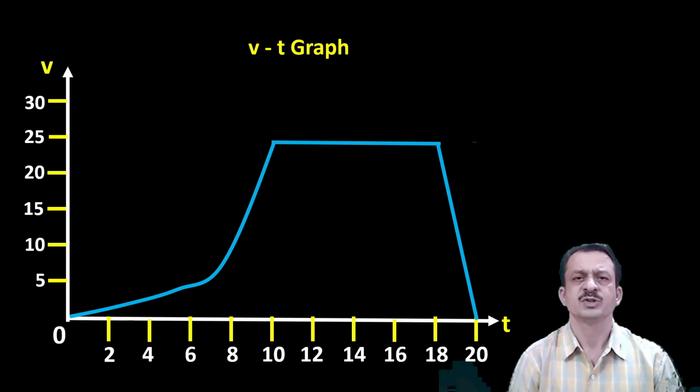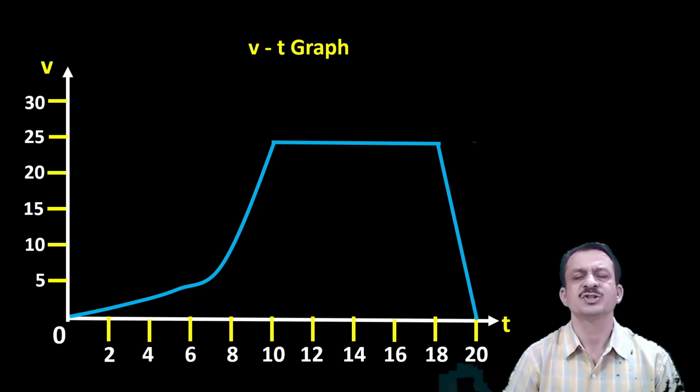First is from 0 to 10 seconds, in which the velocity is gradually increasing. The second time interval is 10 to the 18th second, in which the velocity remains constant, and in the third time interval the velocity goes on decreasing. Now we have to calculate the average acceleration in the 3 time intervals.